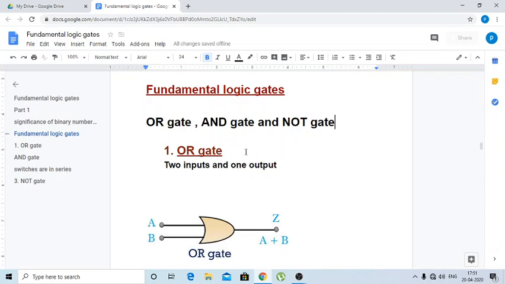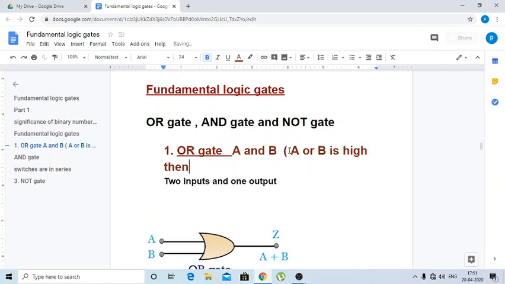Here we have two inputs and one output. Let A and B be two inputs. The name OR itself indicates that either A or B is high, then the output is high.